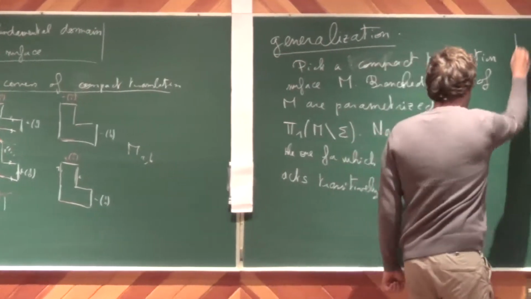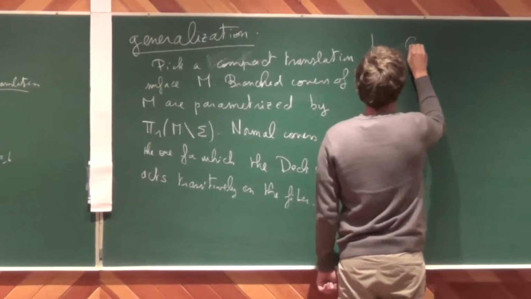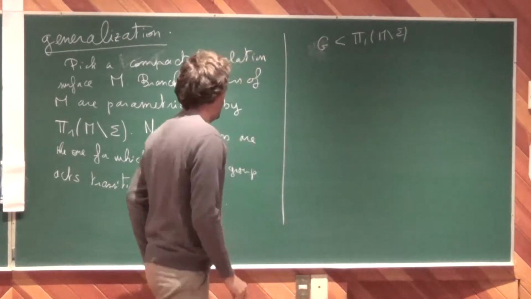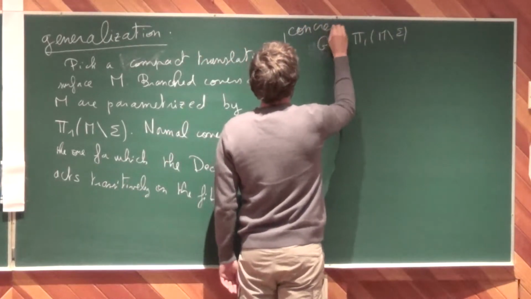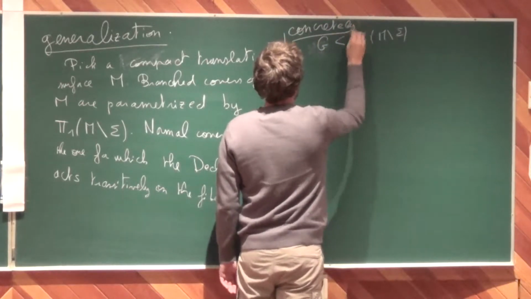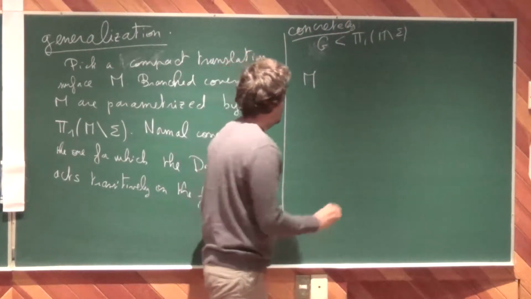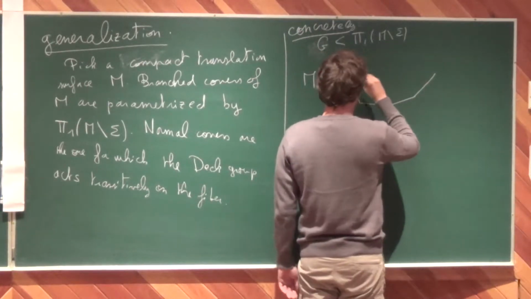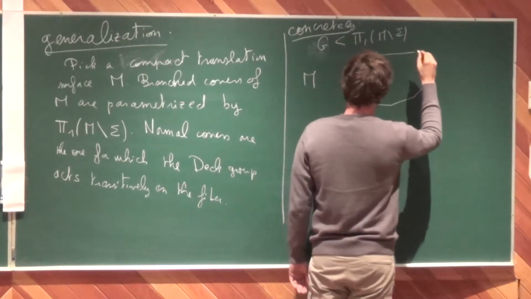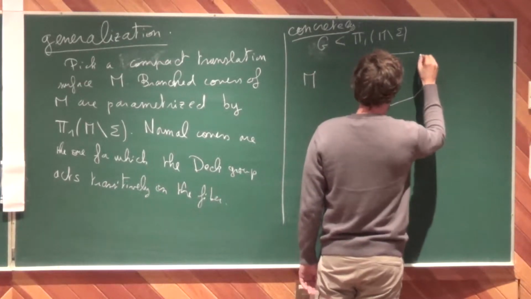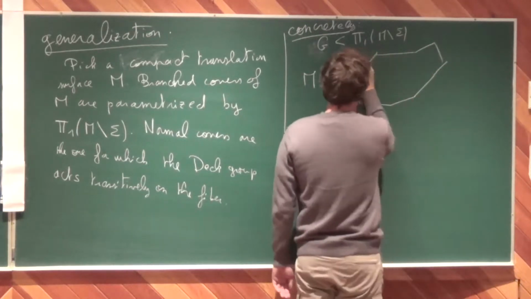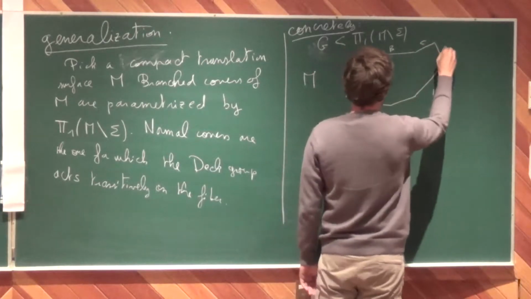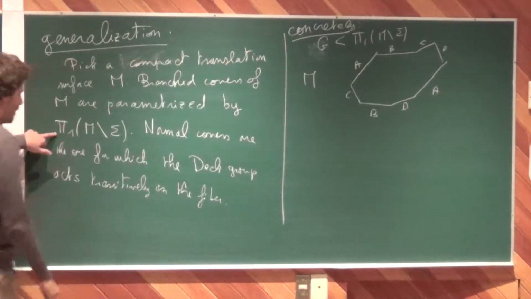So concretely, you just pick a normal subgroup of the pi1. This is a concrete version of what I just said. So you have your surface M, and you imagine that it is made with only one polygon, with sides A, A, B, C, C, D, D. And this is a big group.